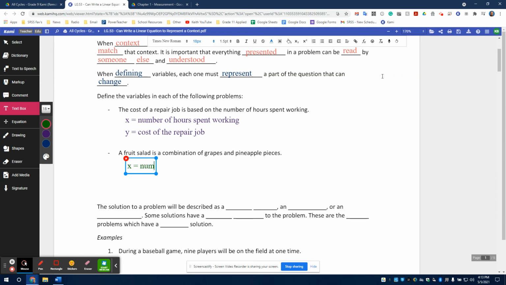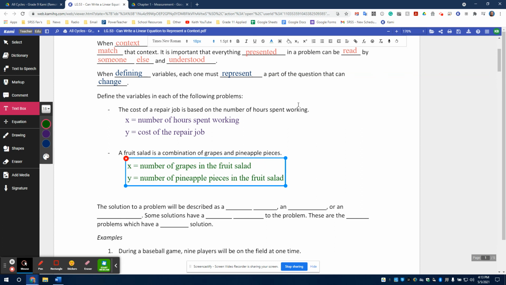X is the number of grapes in the fruit salad, and Y is going to be the number of pineapple pieces in this fruit salad.